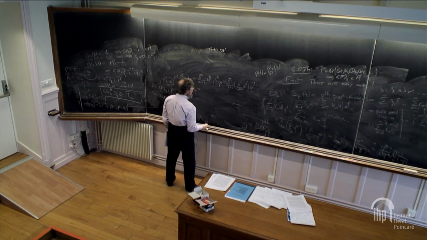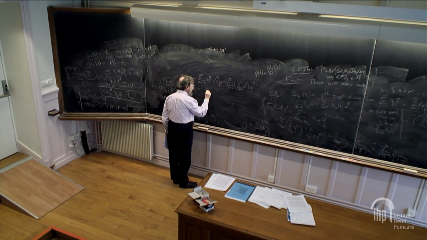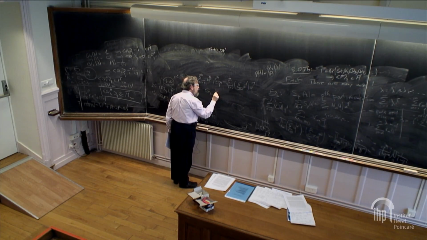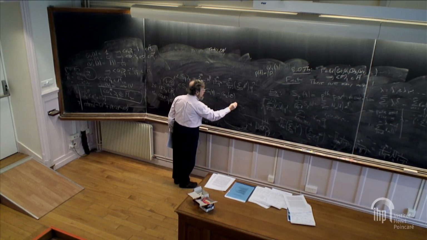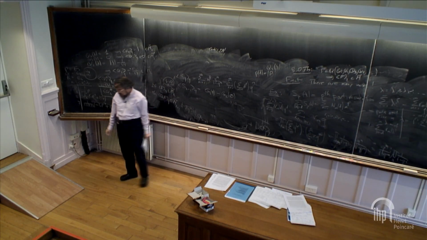This is exactly sigma k minus 1 of q. I'll write it in q, although it should be in tau. This is exactly the kth Eisenstein series, in tau or in q, except that I've subtracted the constant term, the q equals 0 term, because it's only the positive part.